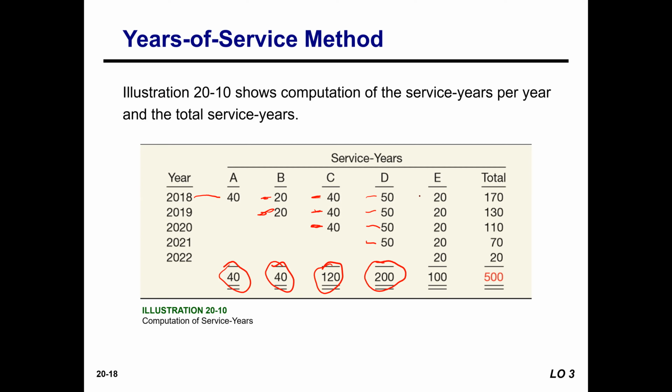So again, they're going to work 20 years in 2018, 20 years in 2019, 20 years in 2020, 20 years in 2021, and then they'll work 20 years in 2022, and they'll retire at the end of 2022. And so that's 100 service years. So we add these together, and that equals 500 service years, right?